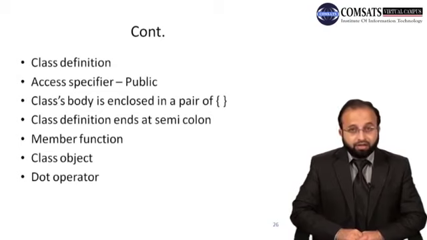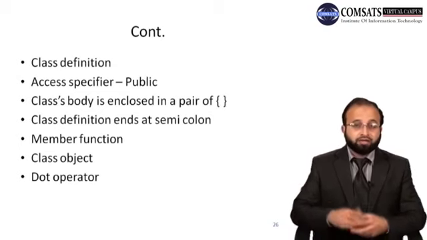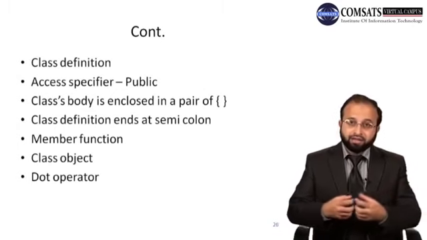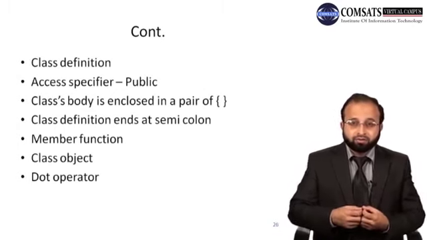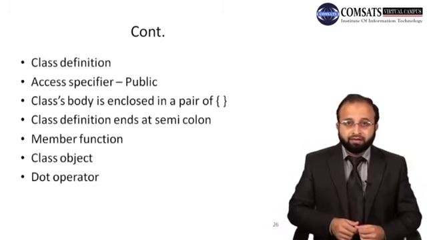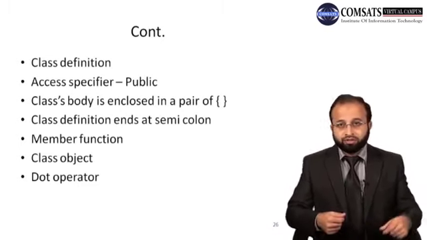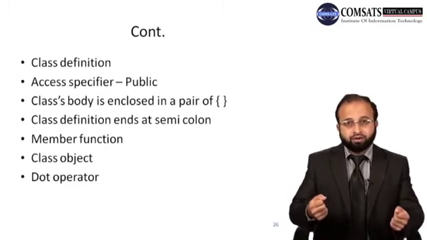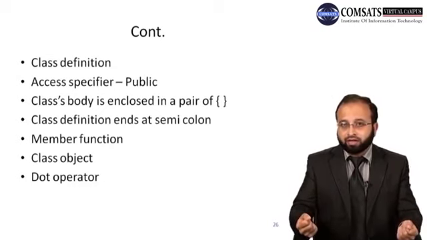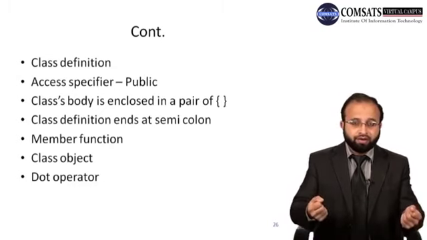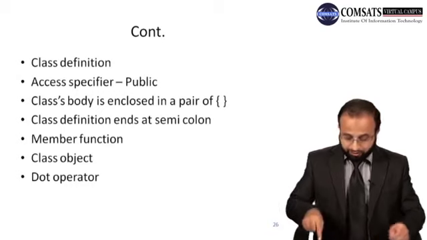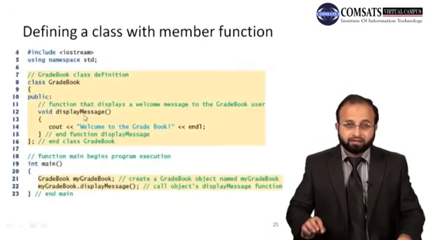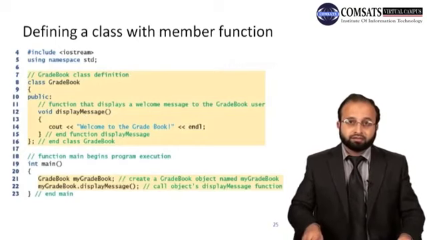So there are some member functions in the class, and what are those member functions? If you try to relate that to the car example, the accelerator pedal, brake pedal, transmission shift, and steering wheel are basically the member functions of a car engineering drawing class, right? In the previous example, the member function is displayMessage, so that is the member function of the GradeBook class.